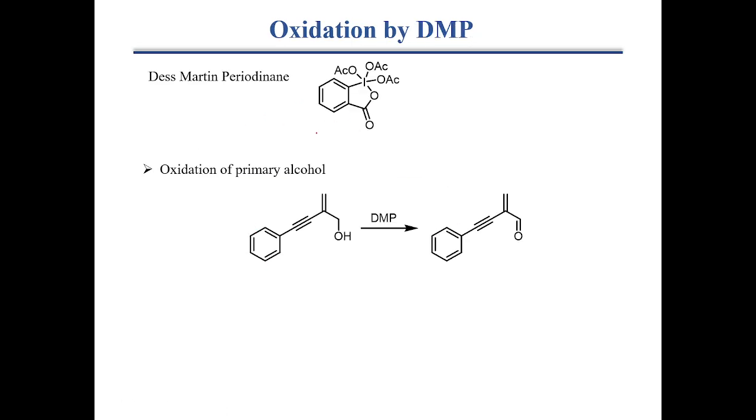Next reagent is the DMP oxidation. This is Dess-Martin periodinane. This is the structure of Dess-Martin periodinane. It is prepared from 2-iodobenzoic acid.